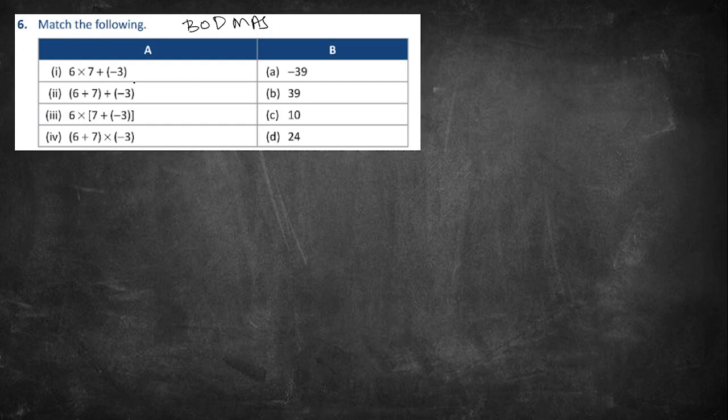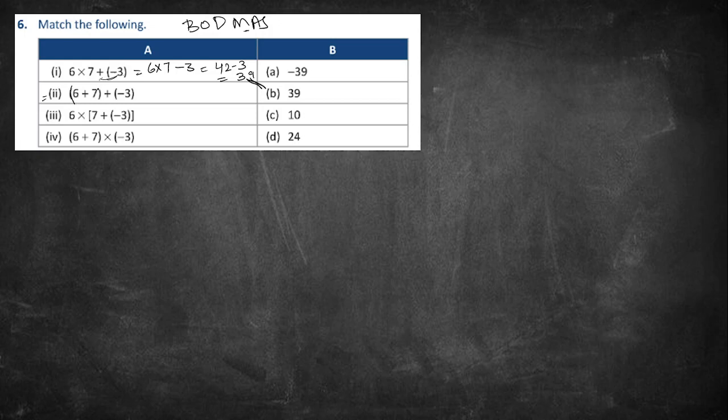This 3 has plus and minus both signs together, so this will become 6 into (7 minus 3), as these two signs are different, so it becomes negative. Now we need to solve the multiplication. 6 sevens are 42. 42 minus 3 will give you 39. Okay, option B.